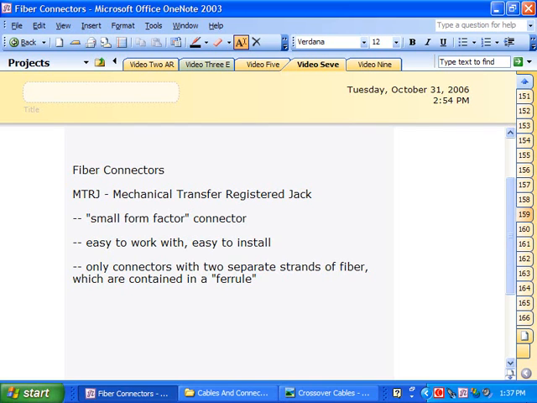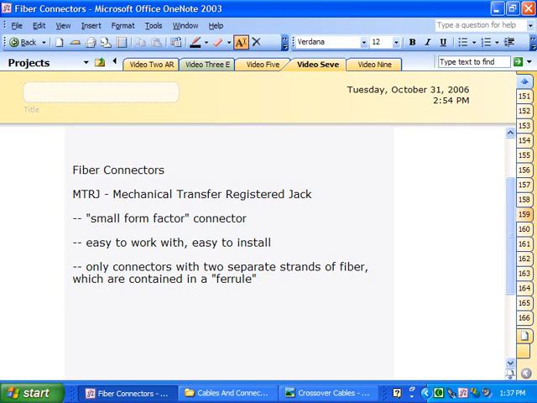Getting the connectors to work and stay connected and continue to work the way they should can be a huge challenge. Well, MTRJs are small form factor connectors that are easy to work with, and they're also easy to install. Having worked with them only once, I can tell you just from that one experience that it is a real improvement over the other connectors that we're about to talk about.